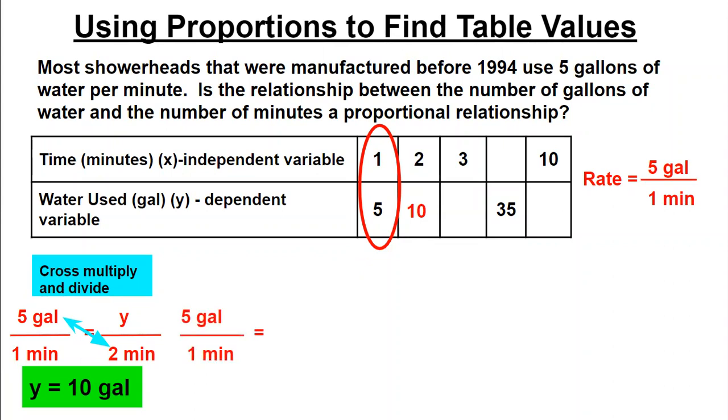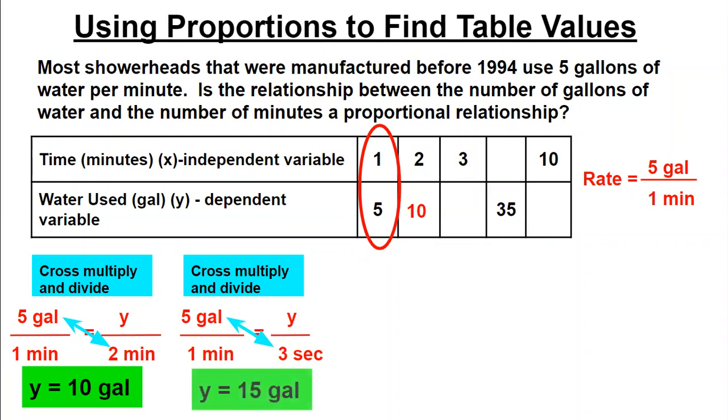Okay, let's do it again. Put 5 gallons per 1 minute and then y over 3 minutes. Cross multiply 5 times 3 divided by 1. 15 gallons. There you are. Now the next one, notice how we're missing the time. So we have to set our proportion up a little bit differently. A different thing is missing.